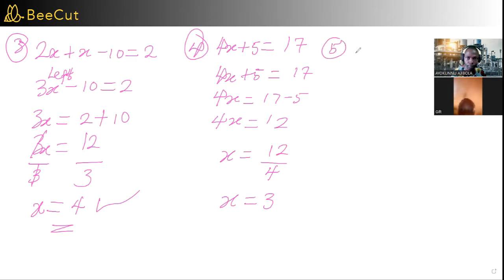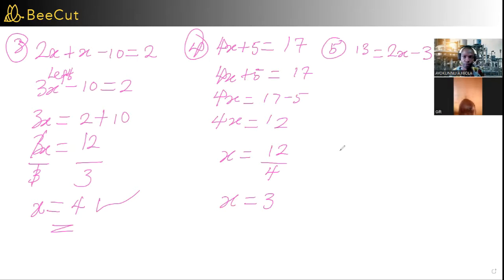Question 5. So let's say you have this: 13 equals 2x minus 3. So 13 equal to 2x minus 3.